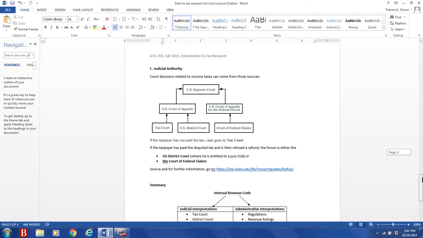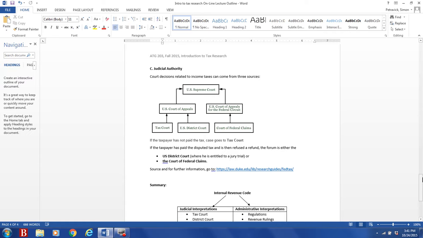And then the final source of authority for what we might do regarding taxes comes from the court system. Since it's tax law, there's an opportunity for a case to be disputed.